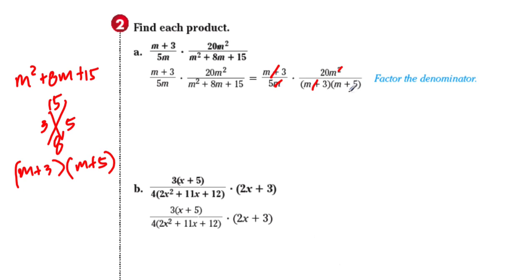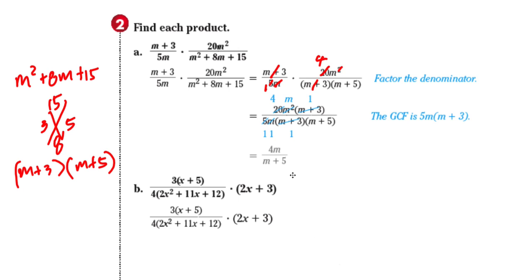And you are now left with 20m all over m plus 5. And that's exactly what happens here. Oh sorry, I forgot to cross cancel that 5. That's a 1 and this is a 4. So from there you end up with 4m all over m plus 5.